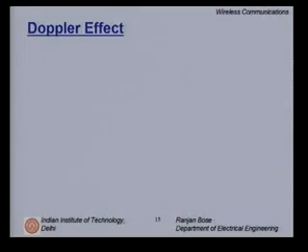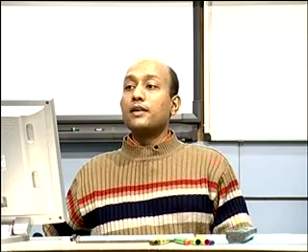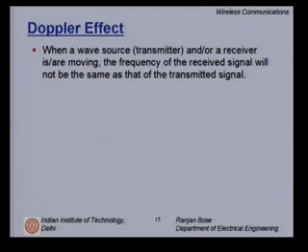Now let us look at the Doppler effect, because we are in a mobile scenario and the transmitter or the receiver may be moving with respect to one another. When a wave source, say the transmitter, and or a receiver are moving, the frequency of the received signal will not be the same as that of the transmitted signal.